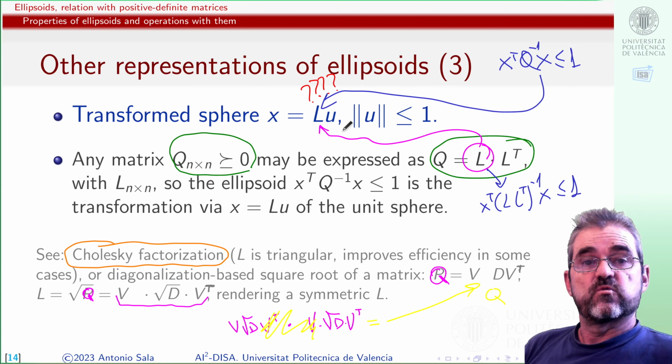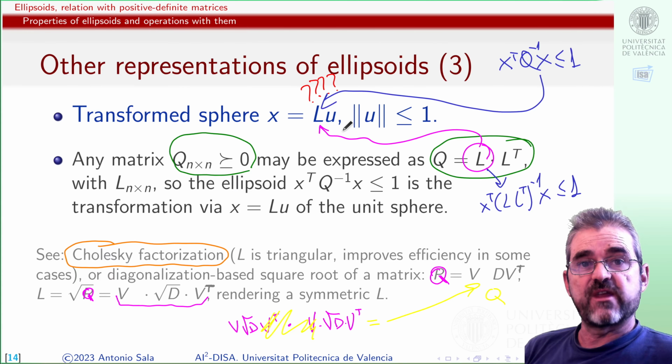In this video, we highlighted some extra details on the equivalence of all 3 ways of representing an ellipsoid. 2 of them were via quadratic forms in non-inverted or inverted form, and the third was via linear expression changing the shape of a sphere.